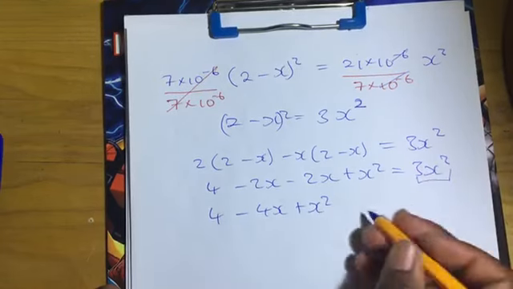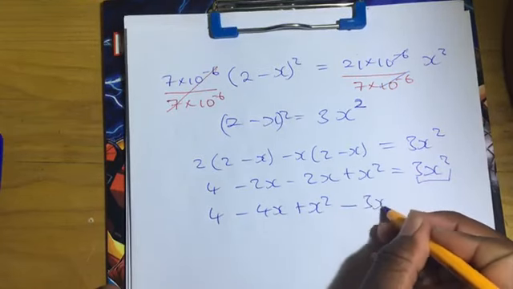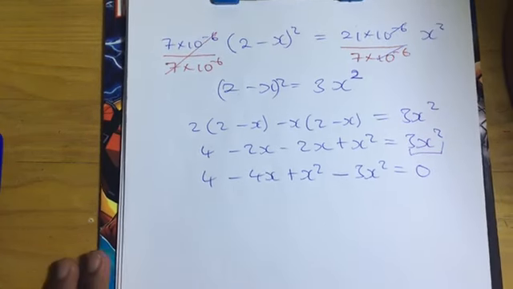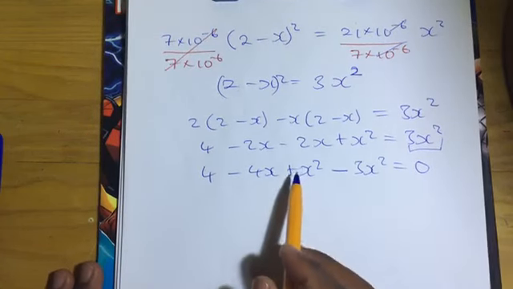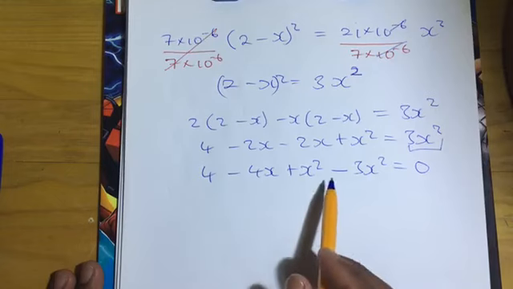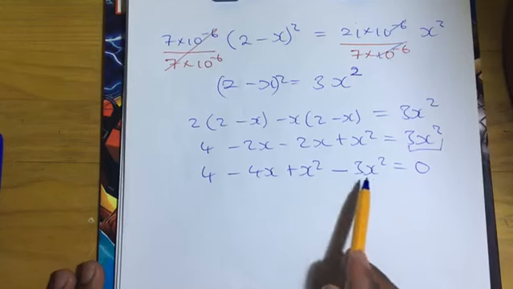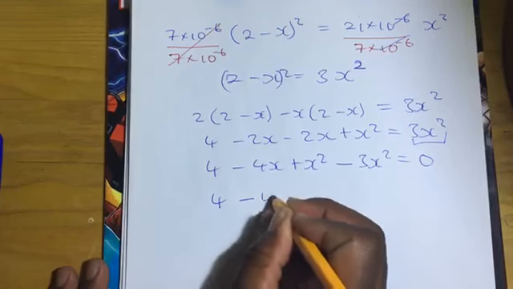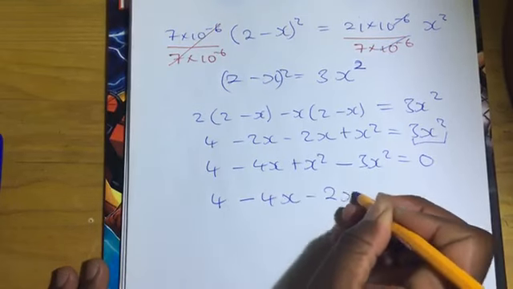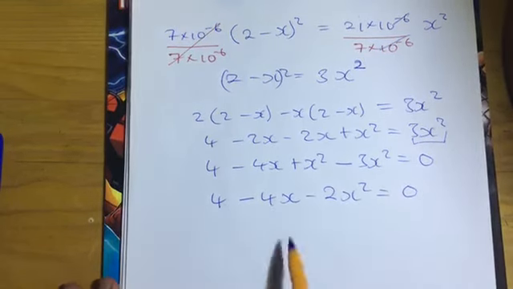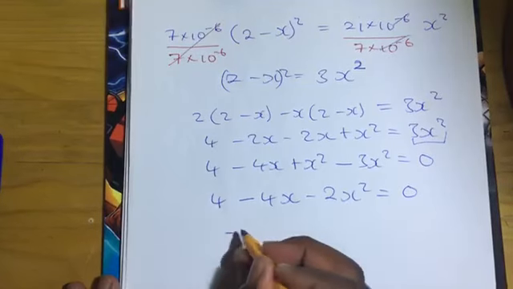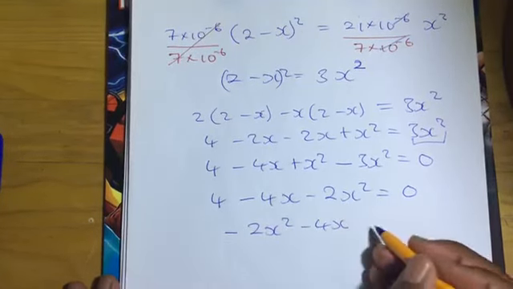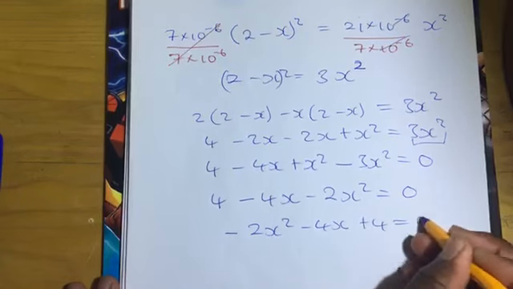These 3 can be made to cross, minus 3x squared is equal to 0. All right. So 1 minus 3 is going to give us negative 2. This is going to be 4 minus 4x minus 2x squared is equal to 0. So writing it properly, this is going to be negative 2x squared minus 4x plus 4 is equal to 0.